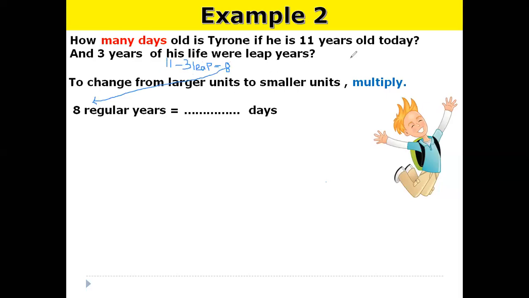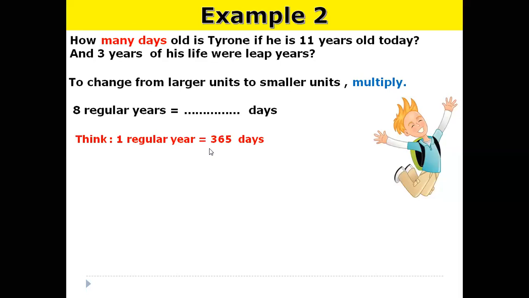Okay? So let's do it again. Because we're changing from years to days, we multiply 8 times 365. So this is what we get, 2,920 days. Now we're done with the regular years. Now the leap years. How many leap years are there? 3.